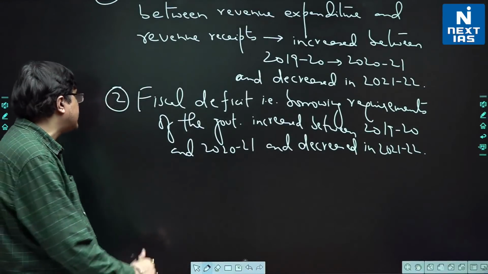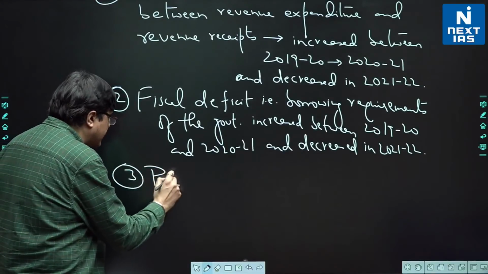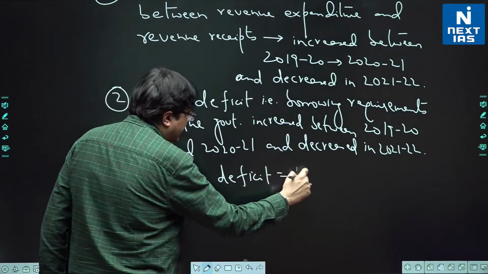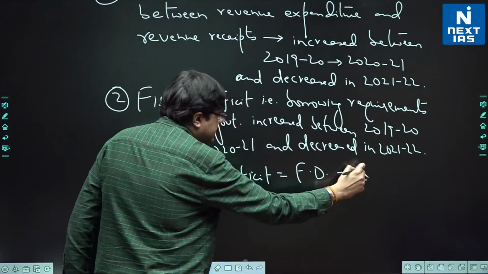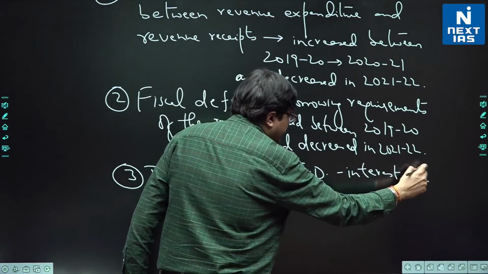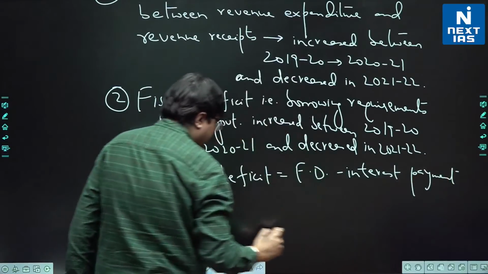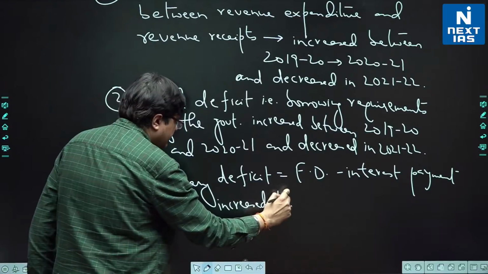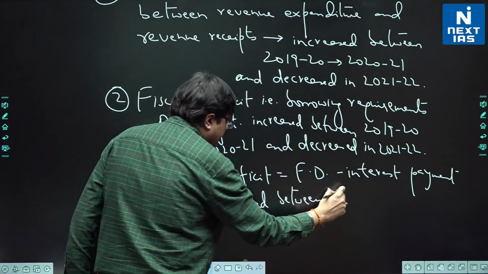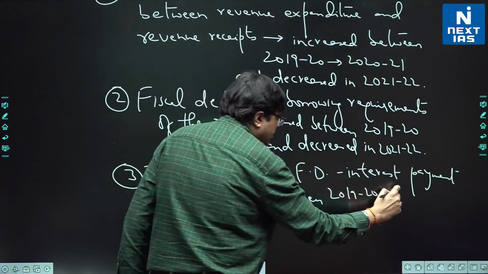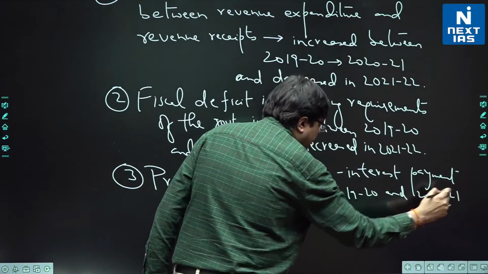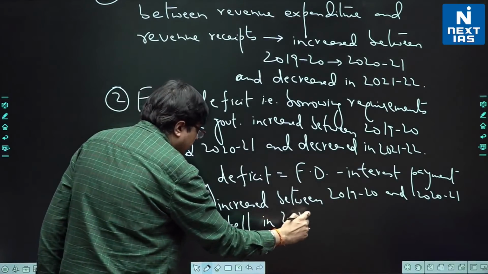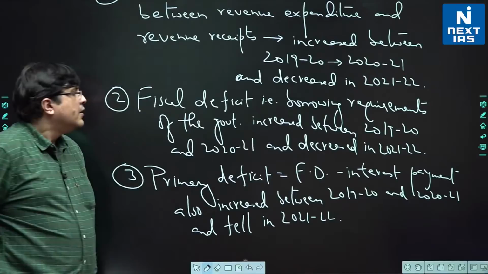So both revenue deficit and fiscal deficit have shown the same trend, and primary deficit, that is fiscal deficit minus interest payment, also increased between 2019-20 and 2020-21 and fell in 21-22.